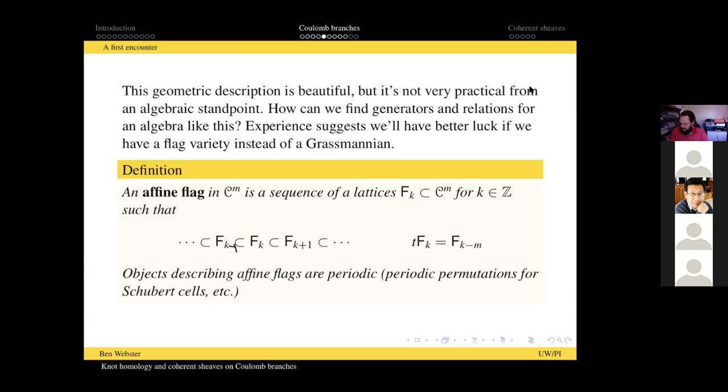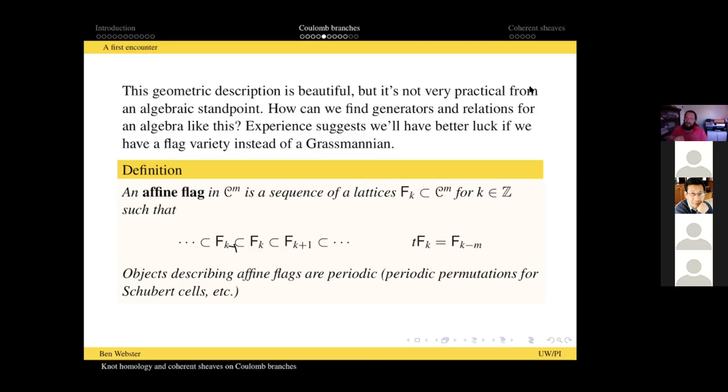So if I only look at these guys, which are congruent to a fixed residue mod m, m is the number of copies of Laurent series I have, I just get a lattice, the same lattice times t, the same lattice times t squared, the same lattice times t cubed, etc., on forever in all directions.